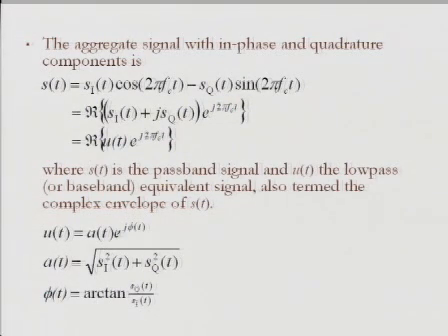We take the real part of the low-pass signal times this complex exponential of the particular frequency, and that gives us the corresponding passband signal, and vice versa. We also defined the amplitude and the phase representations, which is an alternative representation to the in-phase and quadrature. We use A to denote the amplitude, and we use phi to denote the phase.